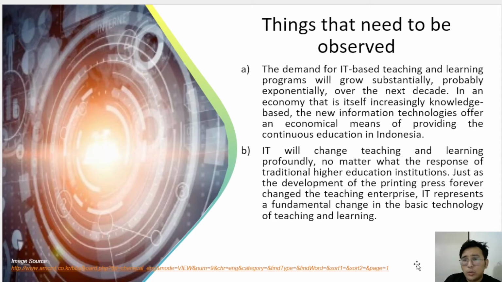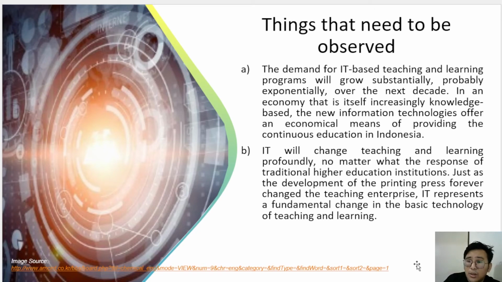Probably in the future we won't focus on face-to-face learning activities, but we can learn from anywhere. We can have a lot of chances to do anything we want in academic activities, not only restrained to teaching or studying, but also in researching.